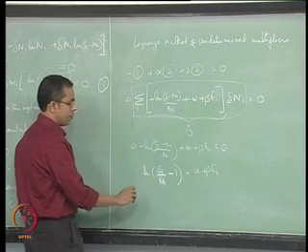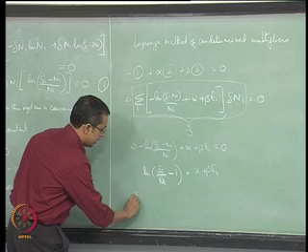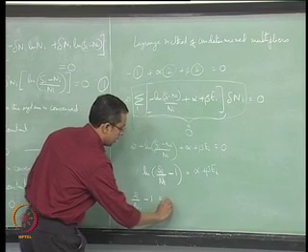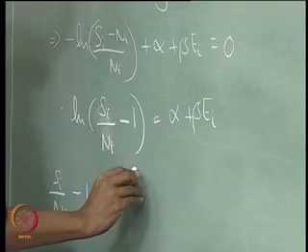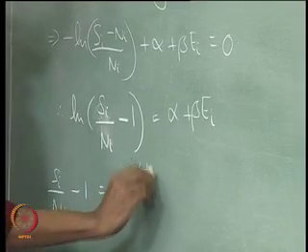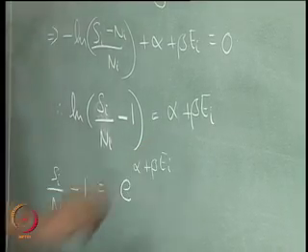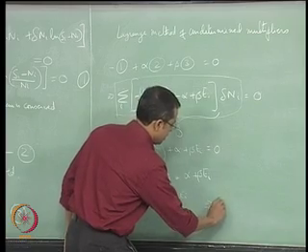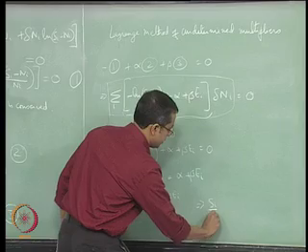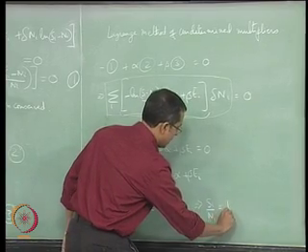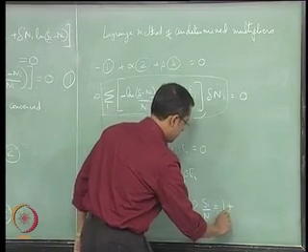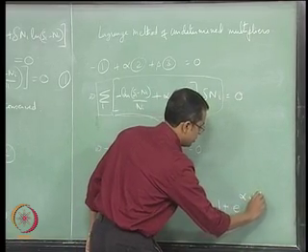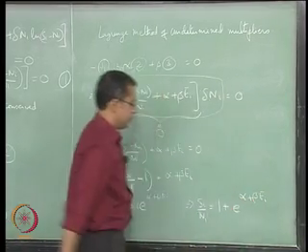In this equation, therefore we are saying that Si by Ni minus 1 equals e power alpha plus beta Ei. Okay. So therefore this implies Si by Ni equals 1 plus e power alpha plus beta Ei.